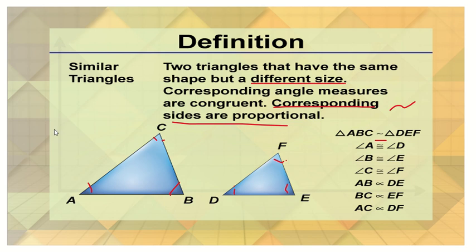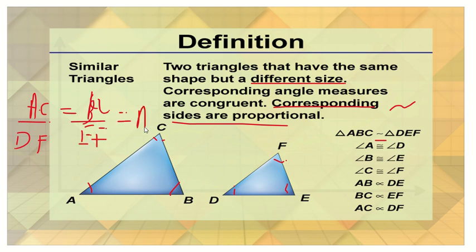The meaning of proportional here is AC by DF equal to BC by EF equal to AB by DE.